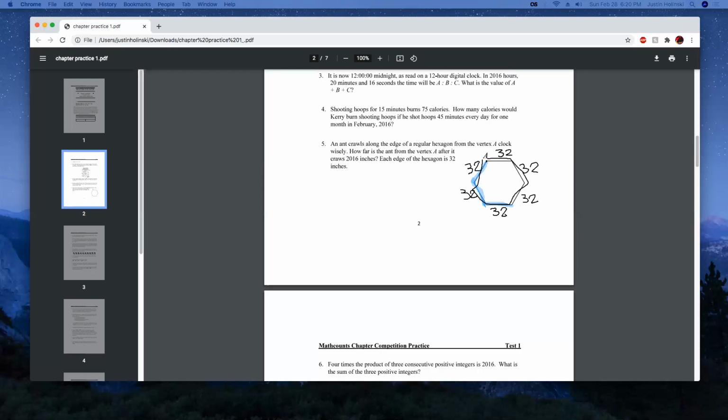So, you see the perimeter of the whole hexagon, the perimeter is 32 times 6. 32 times 6, yes? 192.